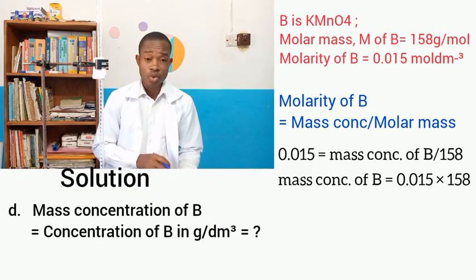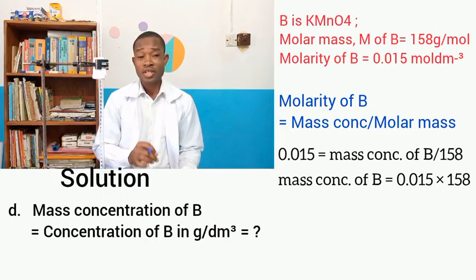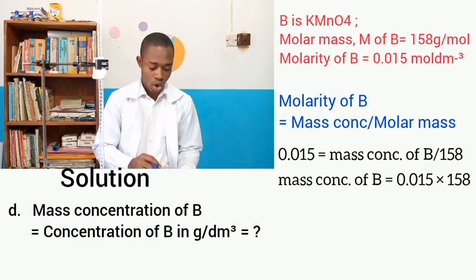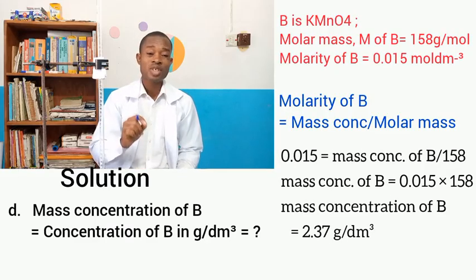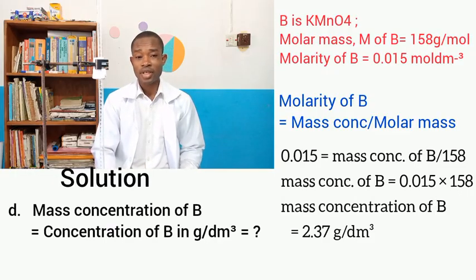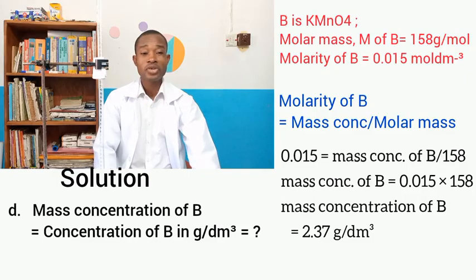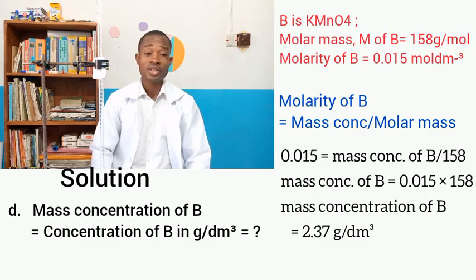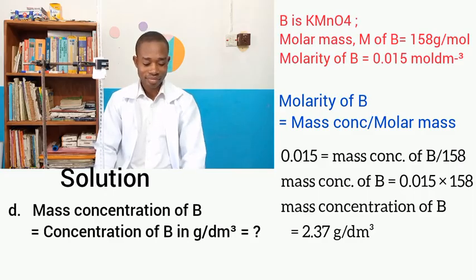If you multiply 0.015 times 158, we obtain that the mass concentration of B is 2.37 grams per dm cube. So the concentration of B in grams per dm cube, the mass concentration of B, is 2.37 grams per dm cube.